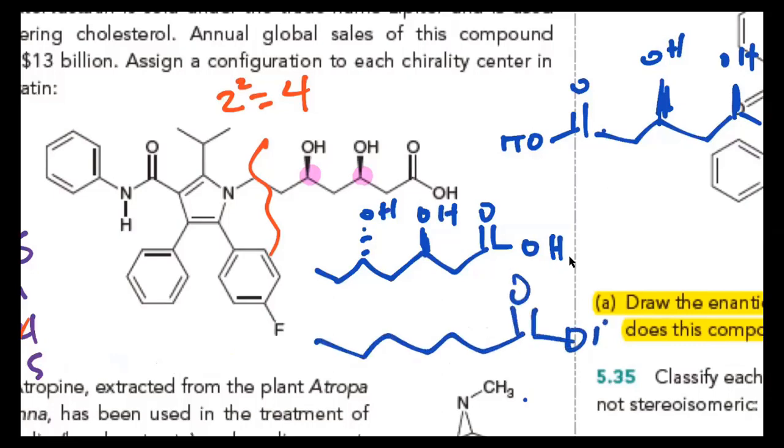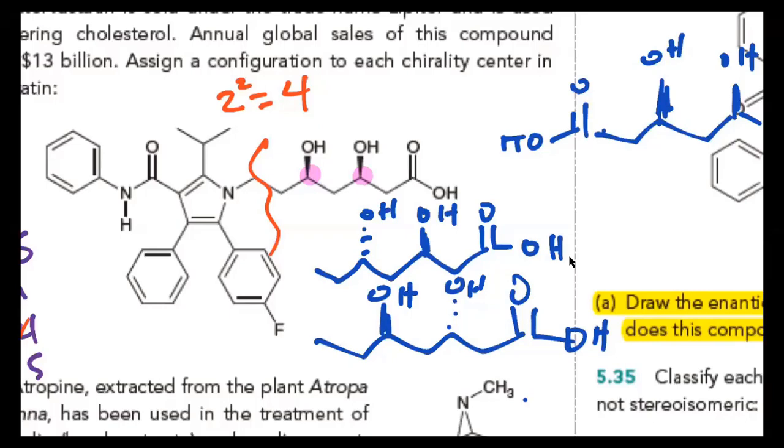Is that right? So we're going to make this dashed, and we're going to make this one wedged. That dash is bad, let me fix that. Yes? So those are your other two stereoisomers.